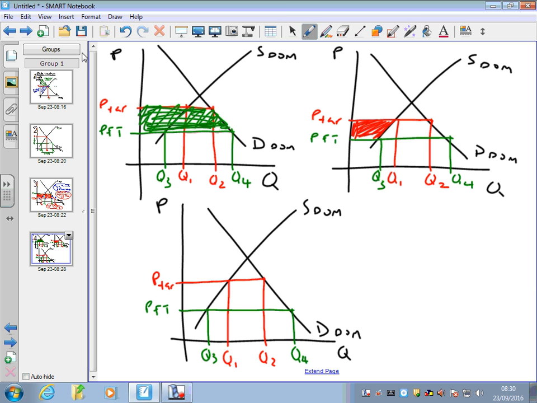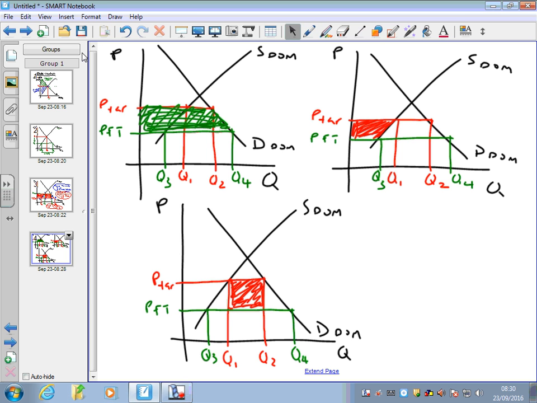Well, remember, Q1 to Q2 were the original imports coming in. And the price between what the free trade price would be all the way up to the tariff measures the tax revenue that the government used to get. So when you think about it, then we've gained the big green box in the first diagram, but we've lost that red one for the producers, and we've lost this red one for the government.